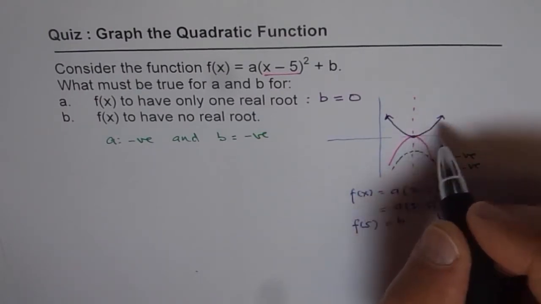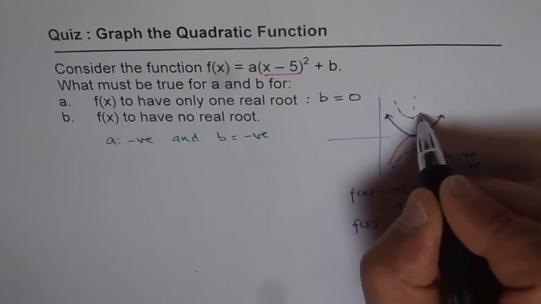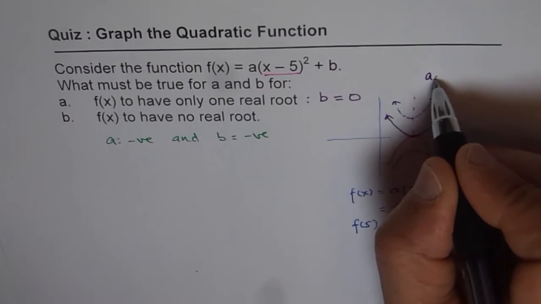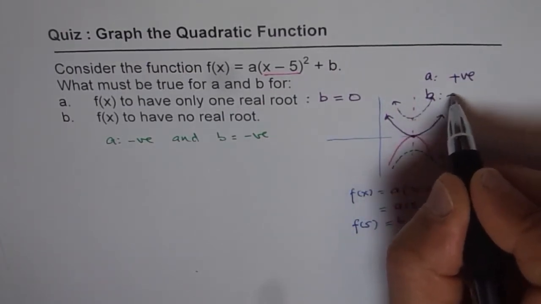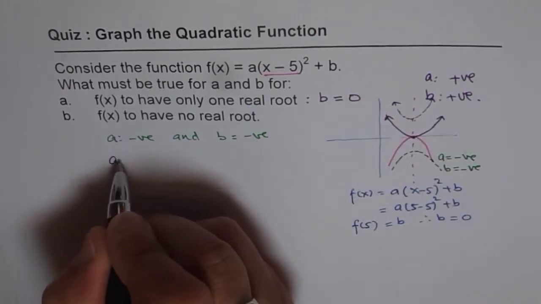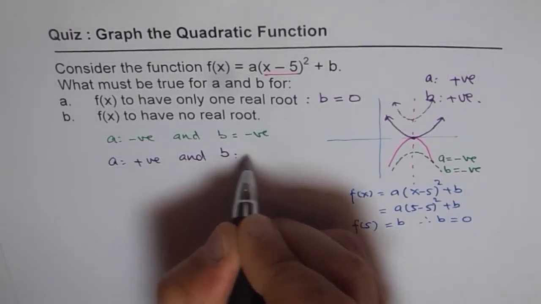And if I want no real root for this particular graph, I should move it upwards. In this case, the parabola is opening up. That means a is positive. And since I moved it up, b is also positive. Do you understand? So I get no roots even if a is positive and b is also positive.